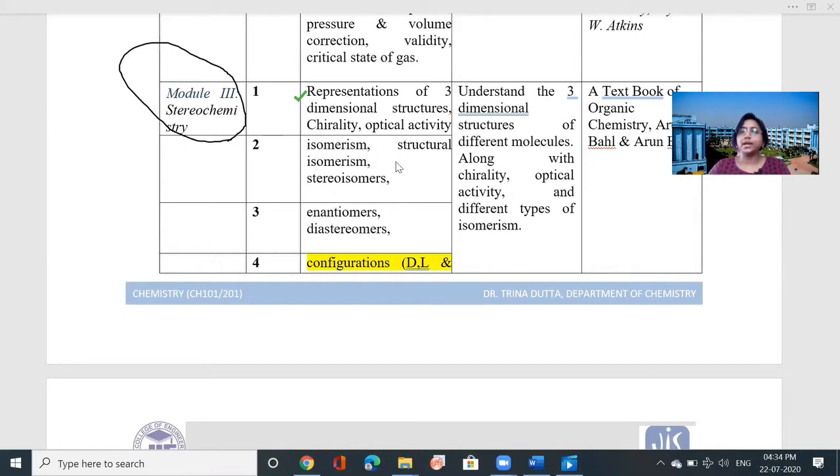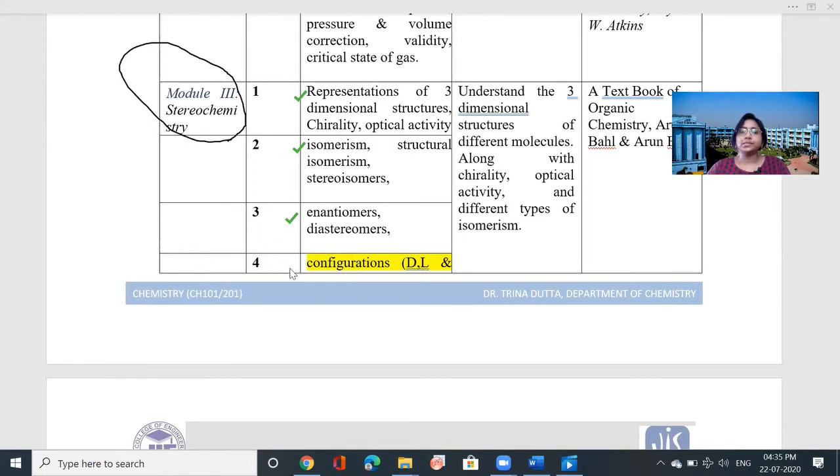In the second lecture, you learned the different types of isomerism, structural isomerism and stereoisomerism. In the third lecture, you learned the enantiomers and diastereomers, which are the optical isomers.